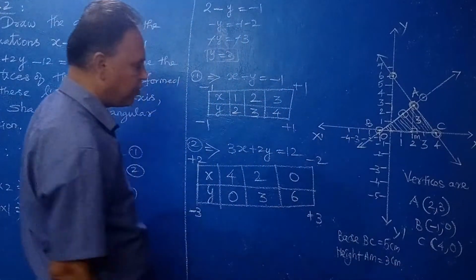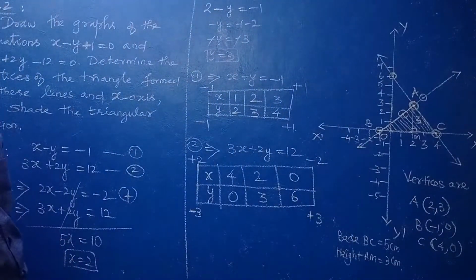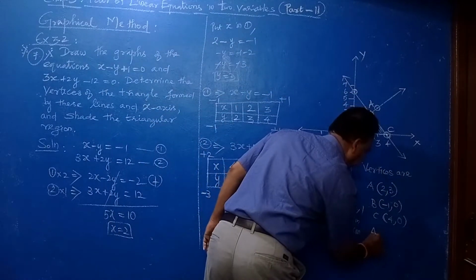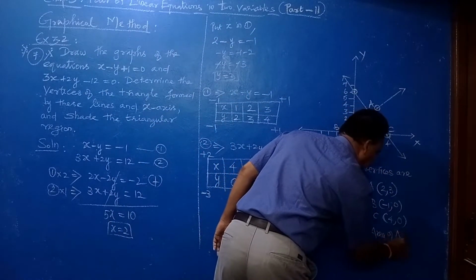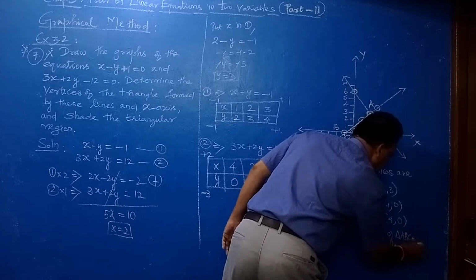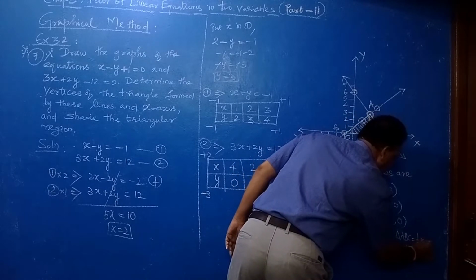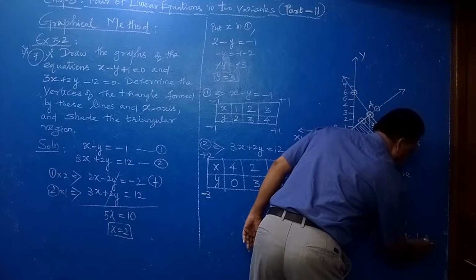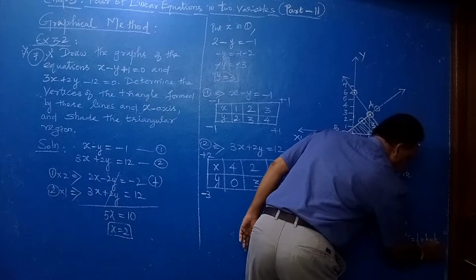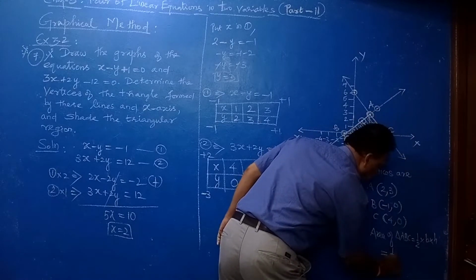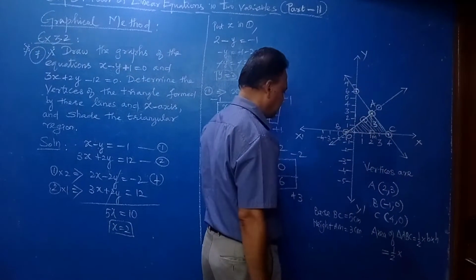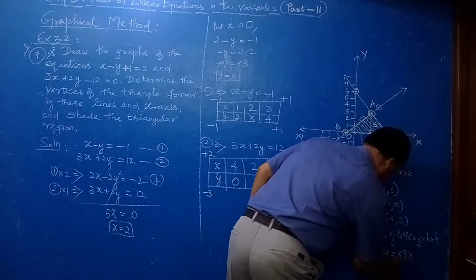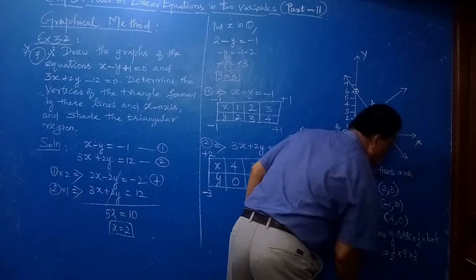Therefore, we can find the area. Area of a triangle is what? Half into base into height. Therefore, area of triangle ABC is equal to half into base into height, that is half into 5 into 3.